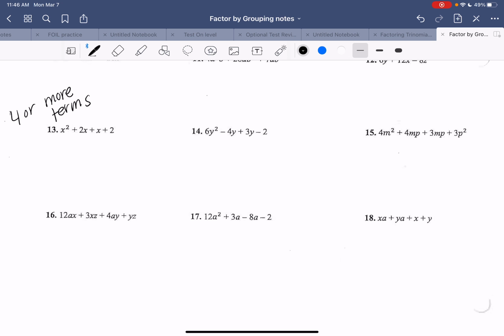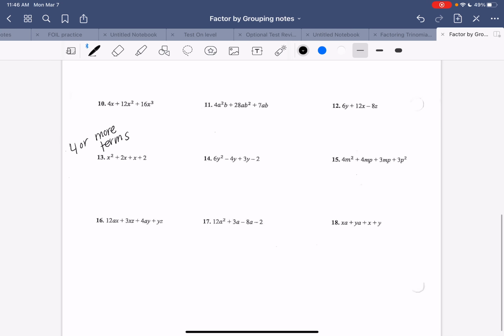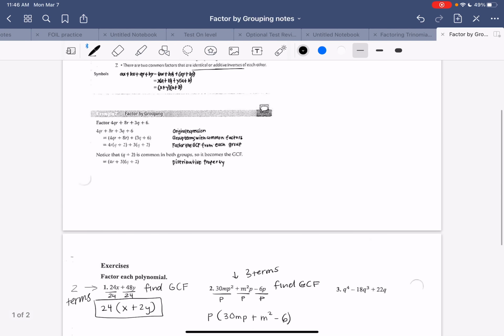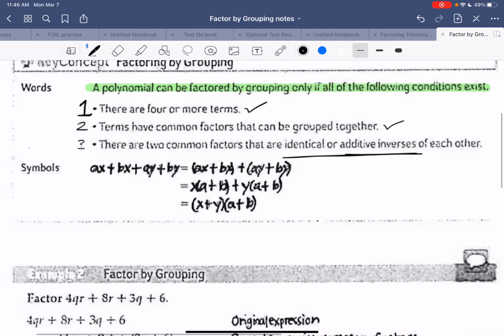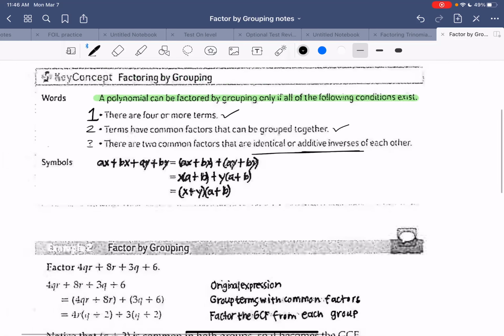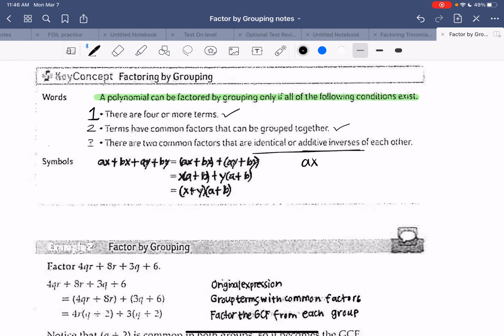So what we're going to be trying to do is to find terms within the polynomial that have two or more terms that we can pair together. So I'm going to go back to this little example here. So we have ax plus bx plus ay plus by.